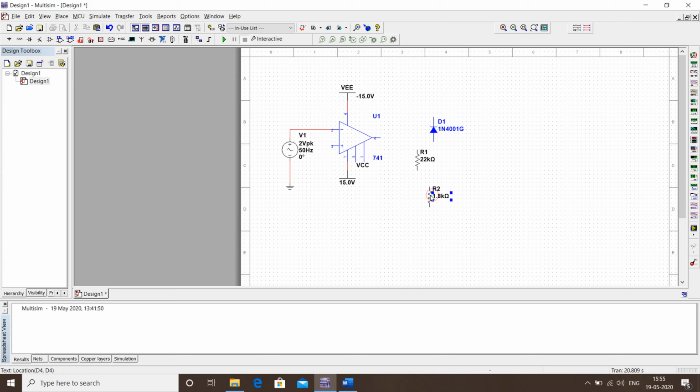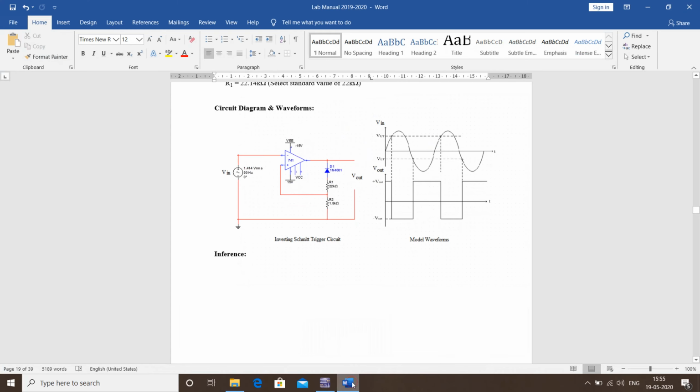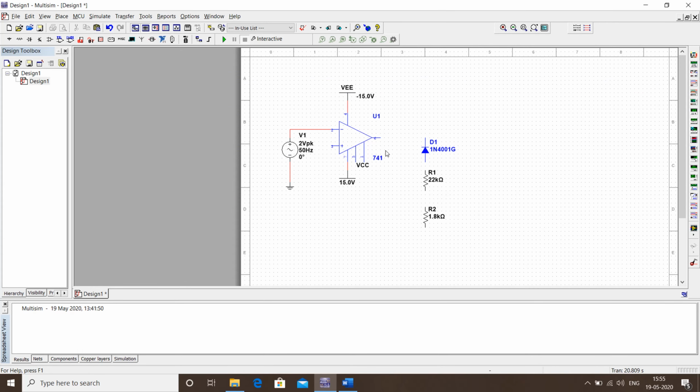So this is resistance R2, this is R1, and the diode D1. Just having a look at the circuit here. So connecting the output terminal to this particular part, the resistance to this, and I want a ground.